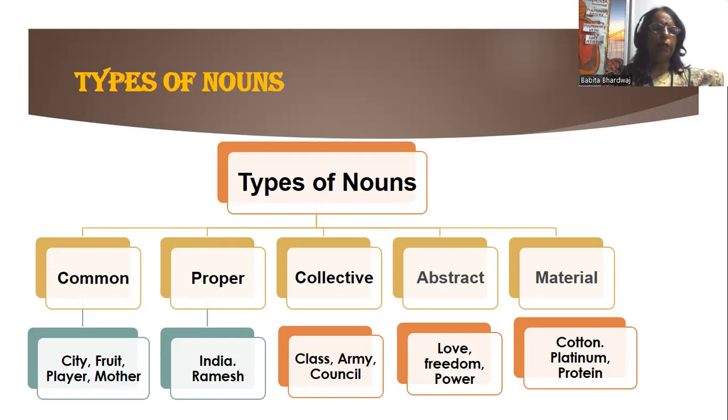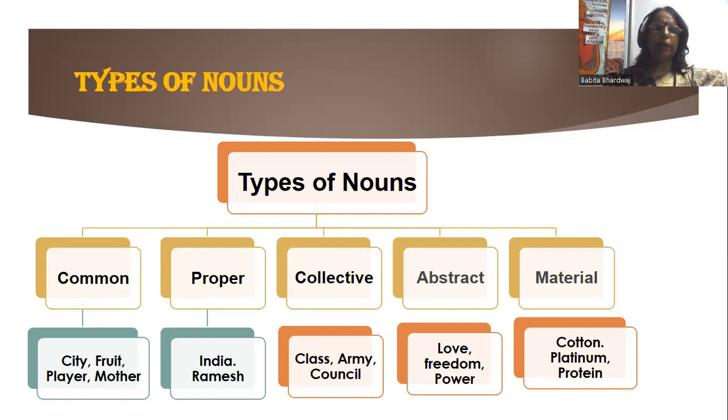Similarly, for player or mother. Now if we see the second example, that is proper noun, as the term indicates, it is proper in nature, it is more specific in nature. Here we are talking about a particular country or a particular name. And collective noun: if we see the root word over here, it is indicating a group of anything.